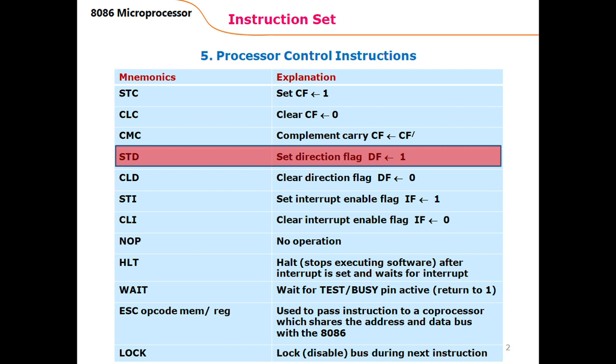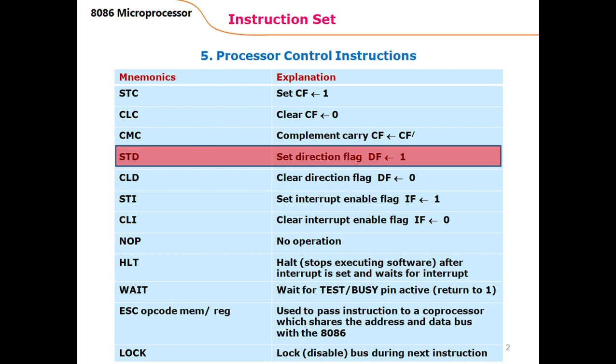In the string manipulation instructions, there are two index registers, destination index and source index registers. These index registers are automatically incremented or decremented depending on the value of this direction flag. So whatever the direction desired, that can be achieved by setting the value of the D flag to 0 or to 1.